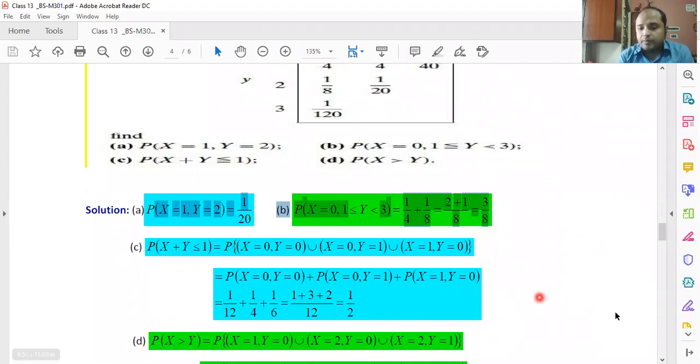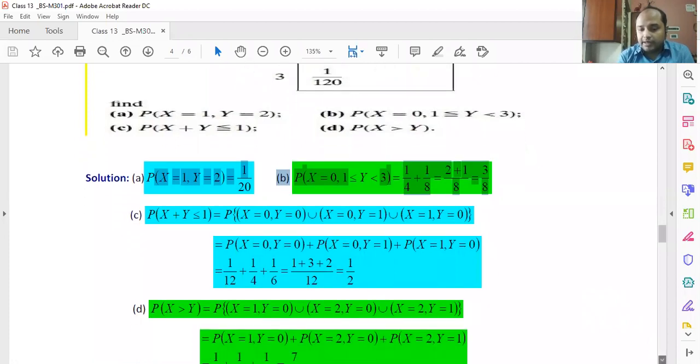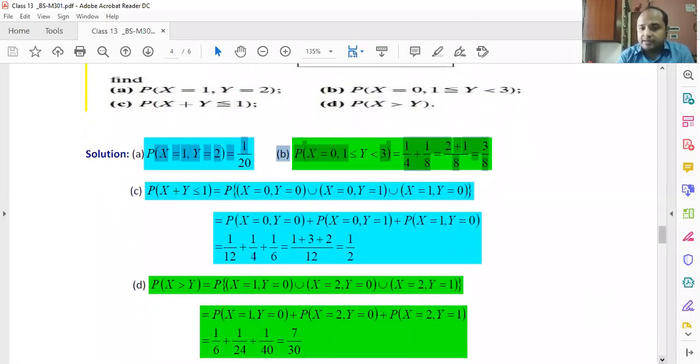When I calculate probability of X greater than Y, what are the possibilities? First of all, X equal to 1, Y equal to 0 is one possibility. X equal to 2, Y equal to 0 is another possibility, and X equal to 2, Y equal to 1 is another possibility. These are the possibilities because the possible values for X are 0, 1, 2, remember.